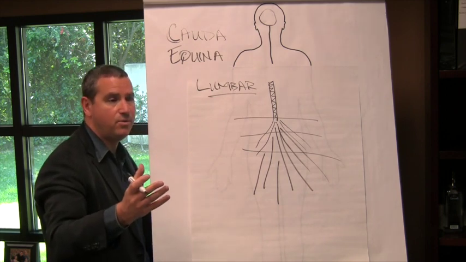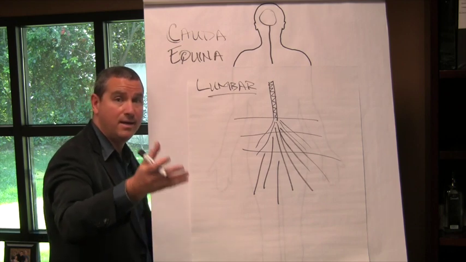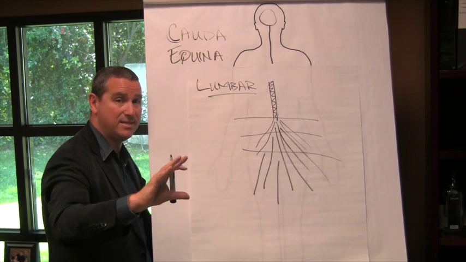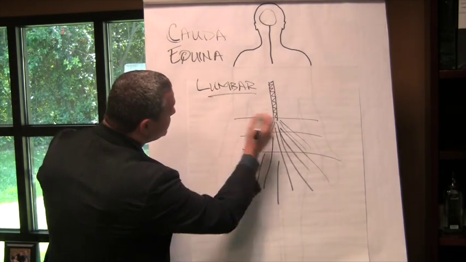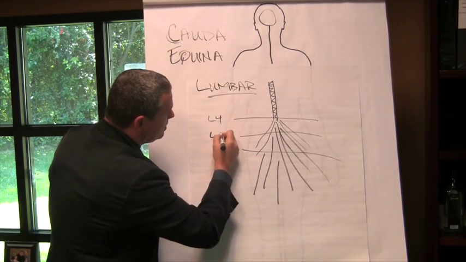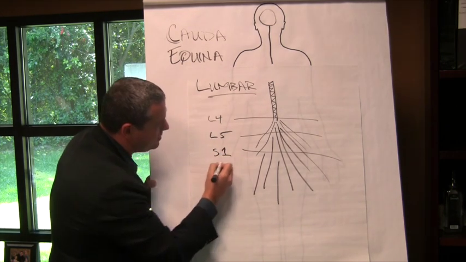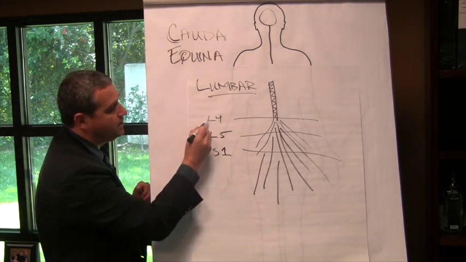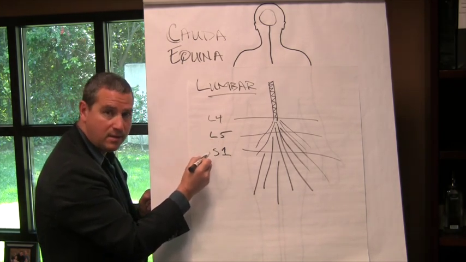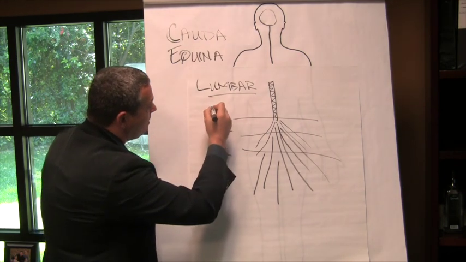Kind of when you think of your tailbone, that's the area just past and just at the sacral spine. But the lumbar spine, L4, L5, then S1. This is the fourth lumbar level, the fifth lumbar level, and the first sacral level.